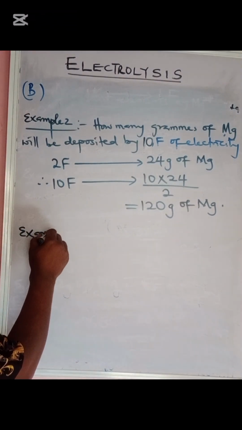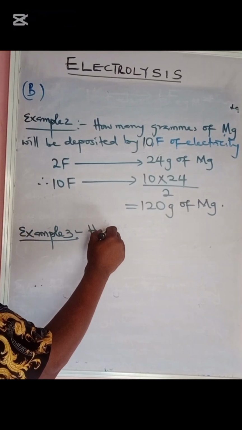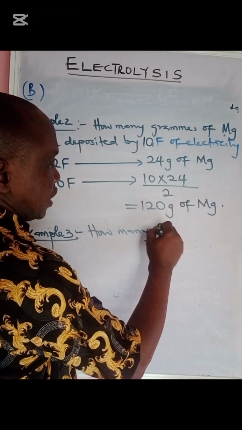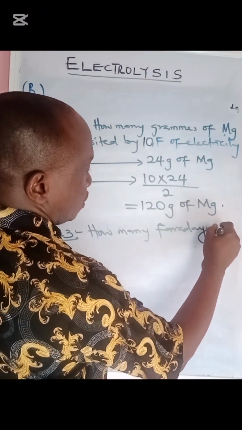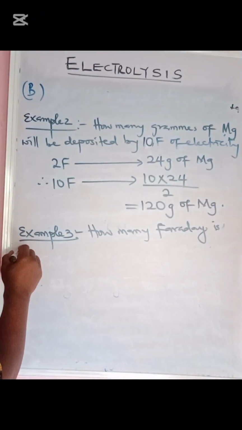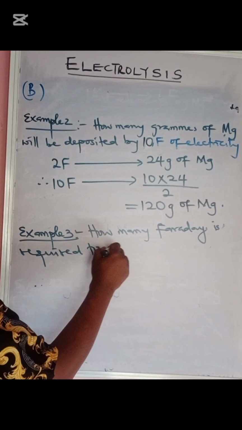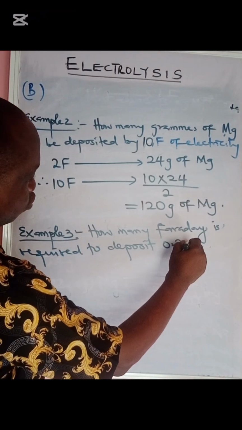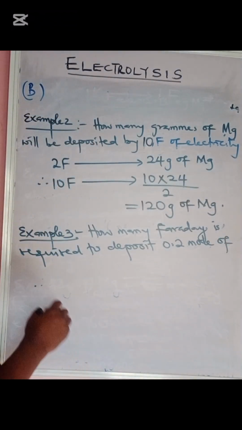Example 3. How many Faraday is required to deposit 0.2 mole of magnesium?